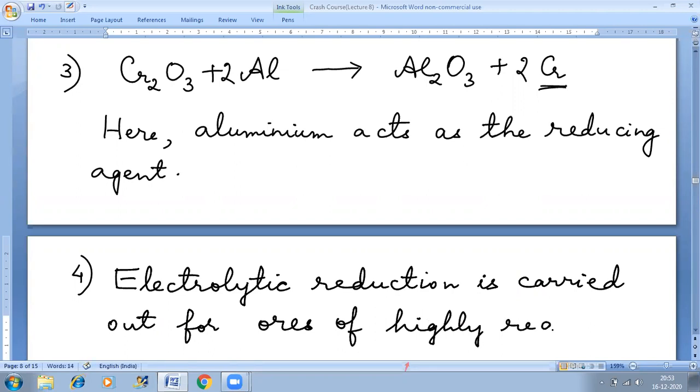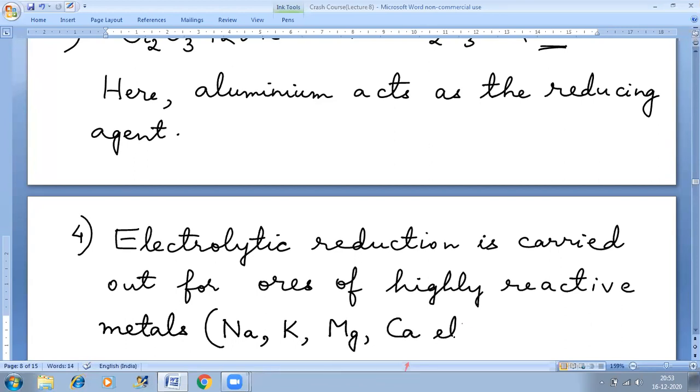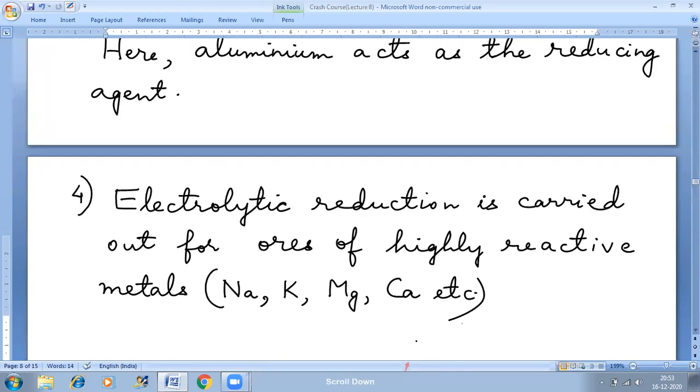You need not get into the details of this now, but just should know that for highly reactive metals like sodium, potassium, magnesium, calcium, etc. So electrolytic reduction is carried out for ores of highly reactive metals.